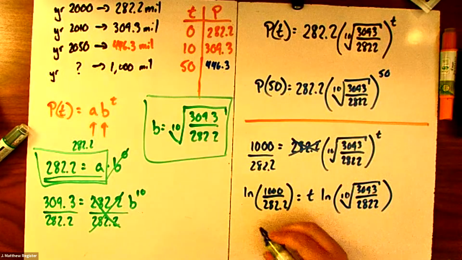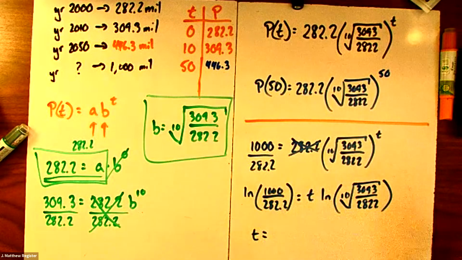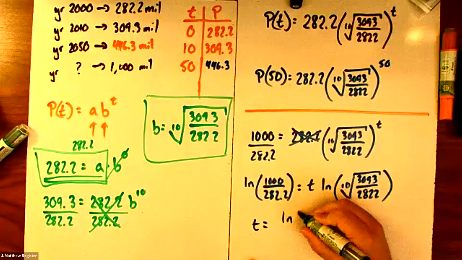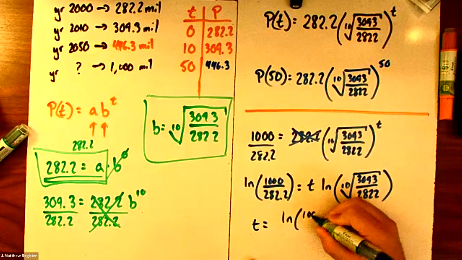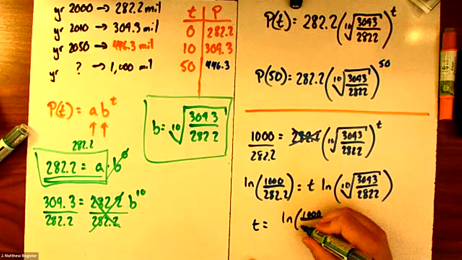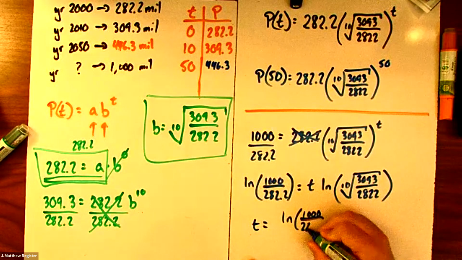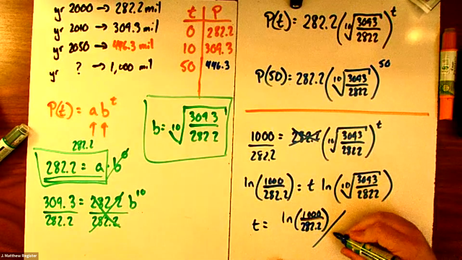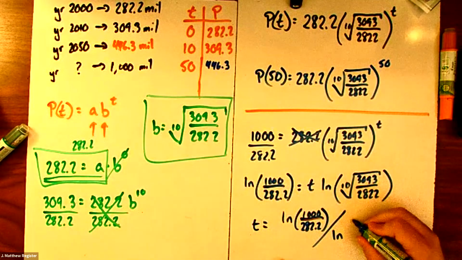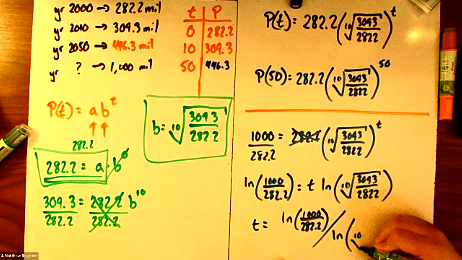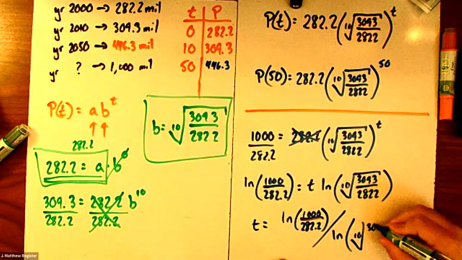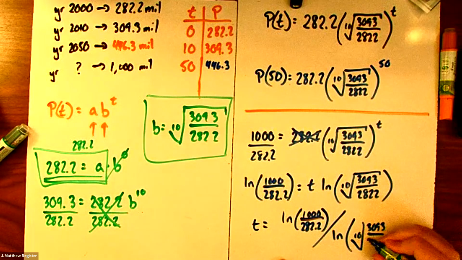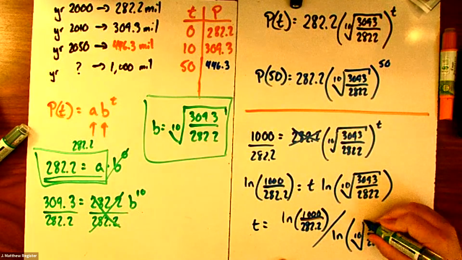And then to get T alone, we have to divide. So T is equal to the natural log of 1,000 over 282.2 divided by the natural log of the 10th root of 3093 over 2822.